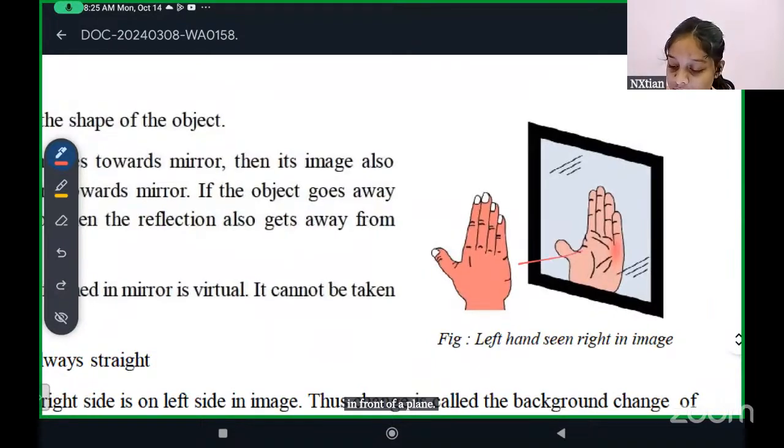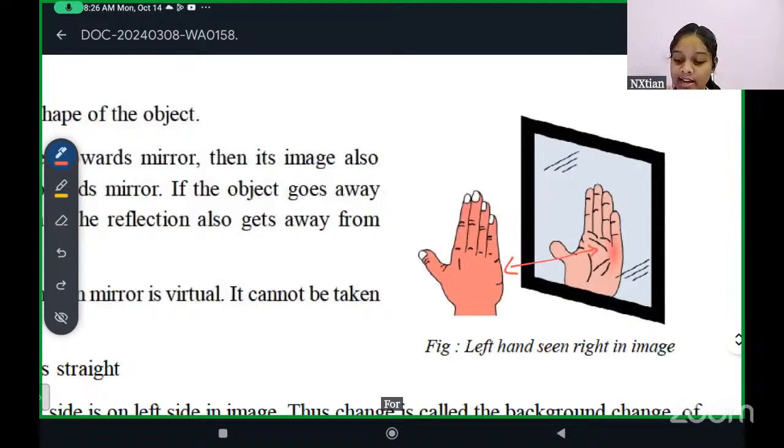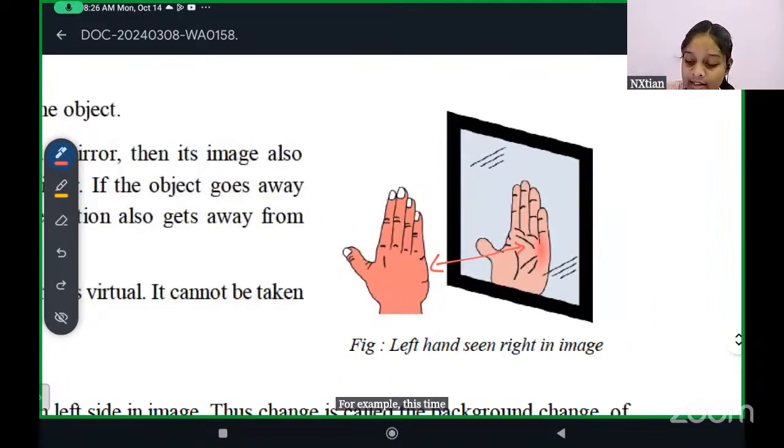At whatever distance the hand is from the mirror, at that same distance its reflection forms in the mirror. Suppose, for example, this hand is at 8 inches distance from the mirror. So its reflection will also be 8 inches. Because the reflection is forming in the mirror only, right?